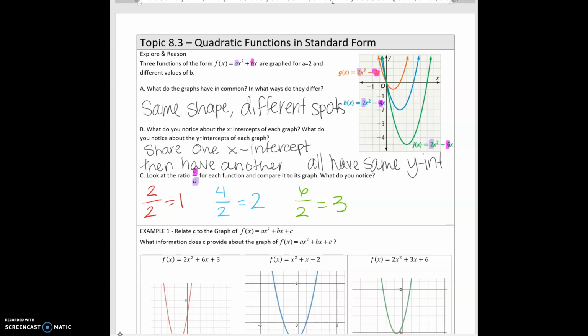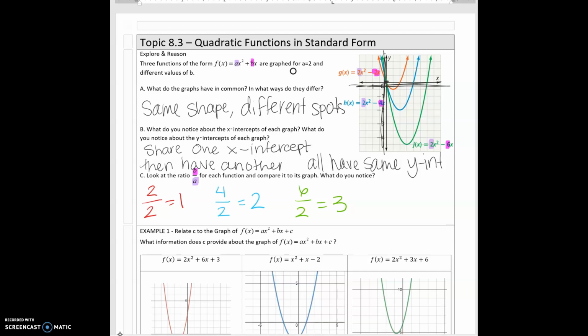And so they all have the same kind of shape, but they do kind of go in different spots. And then they all share this x-intercept right here, but then they all have an additional one. They all have the same y-intercept though, right here. So remember, y-intercept is on the y-axis, x-intercepts are on the x-axis.